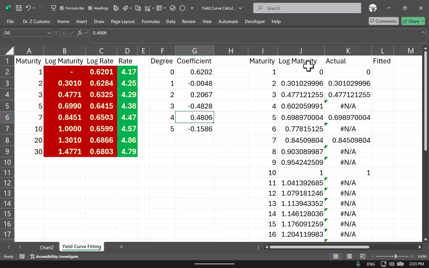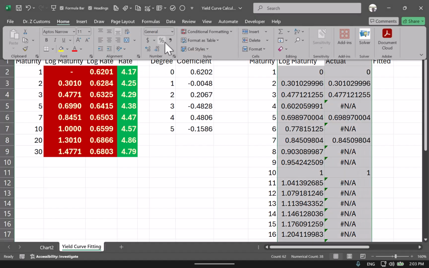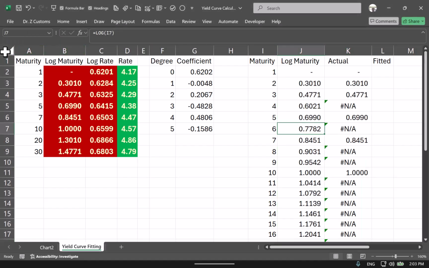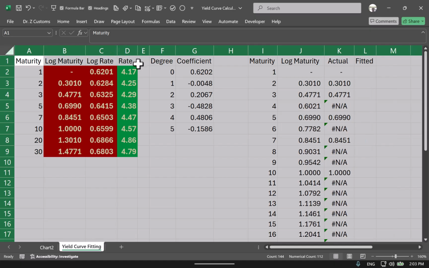I'm just trying to maximize my screen space. Otherwise, it doesn't matter.